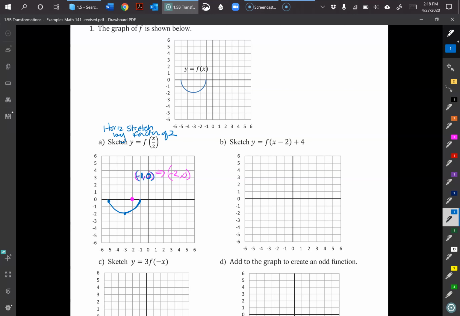So now this point down here, this one is negative 3, 2. The y is going to stay the same, but we're going to have a negative 6 for the x now, because we're going to multiply that negative 3 by 2. So now we're way over here. We're going to kind of have to go off the chart a little.